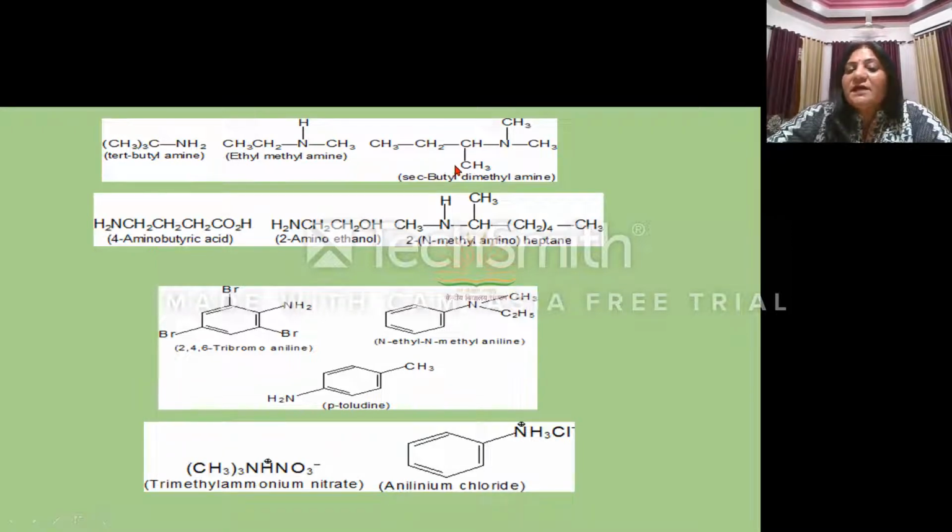So word root will be butane and this will be named as N,N-dialkyl. So N,N-dimethyl butanamine-2. Here this is 1, 2, 3, 4. So nitrogen is attached to the second carbon atom. So IUPAC nomenclature of this compound will be N,N-dimethyl butanamine-2.